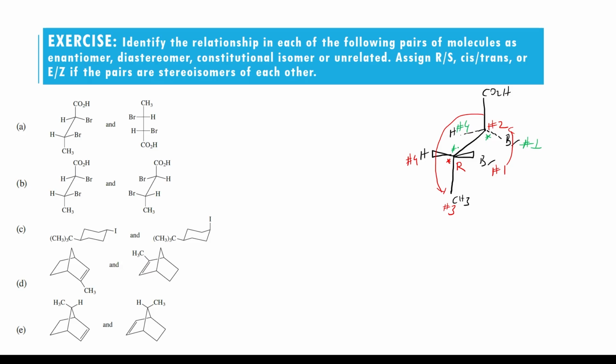The carboxylic acid should actually have higher priority, so it should be number 2, because it's connected to oxygens, a double-bonded and a single-bonded oxygen. And this chiral carbon should be number 3. So now let's look at the rotation: 1 to 2, and 2 to 3.